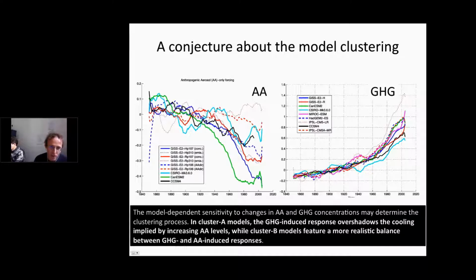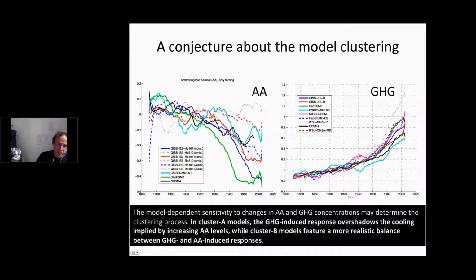But if we look at how different models truly respond to the anthropogenic aerosols, we see that certain models respond much more to the increase of anthropogenic aerosols than others.